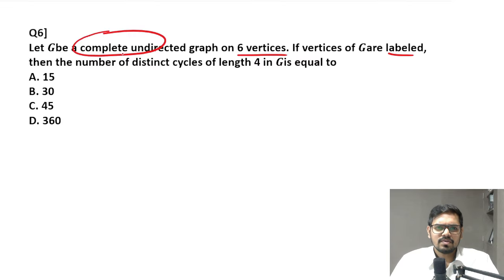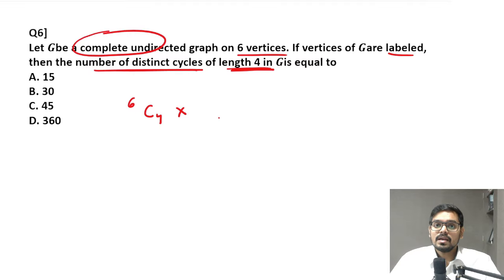So complete graph, every vertex connected to every other vertex. So we have 6 vertices. From that 6 vertices, you have to find the number of distinct cycles of length 4. So a length 4 cycle will be generated by 4 vertices. From 6 vertices, choose 4 vertices, and you need a cycle.